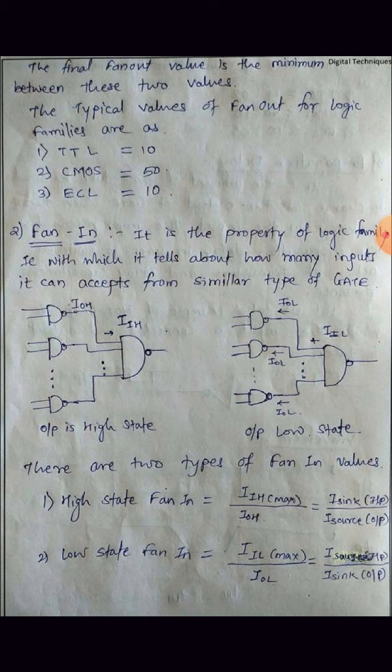That is, how many inputs you are going to connect from the similar type of gate. It is fan in, the number of inputs for the particular logic gate from the same type of logic gate.